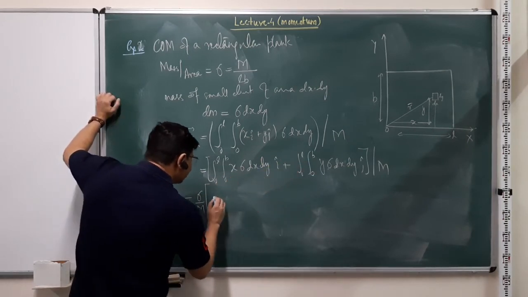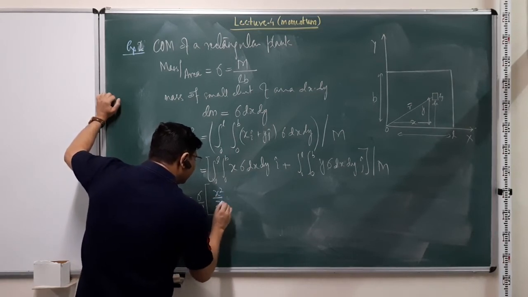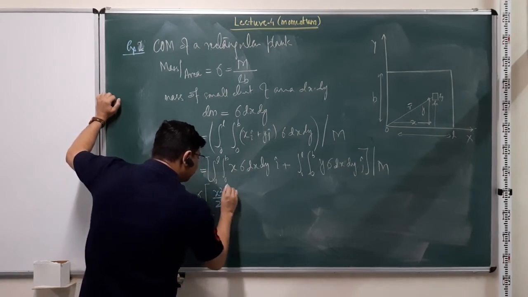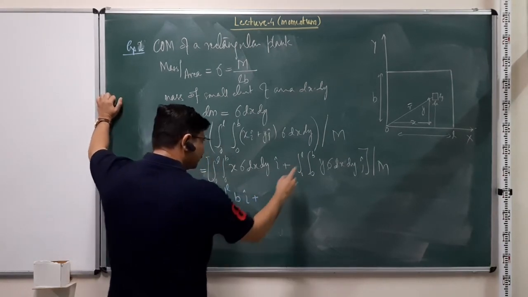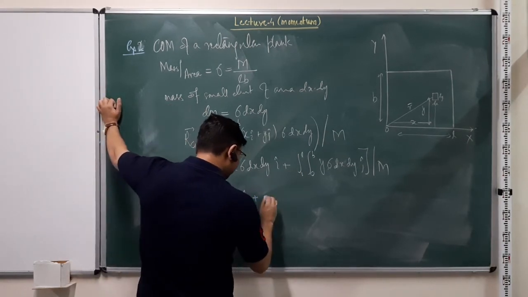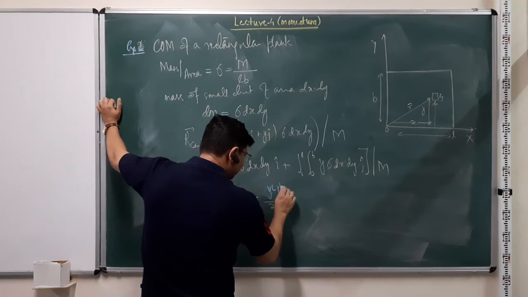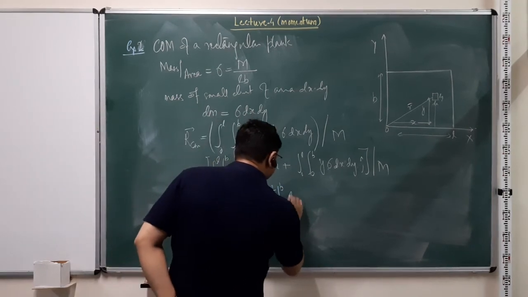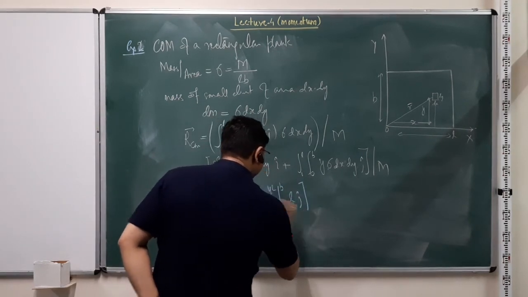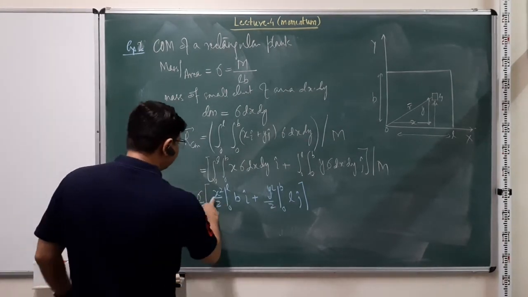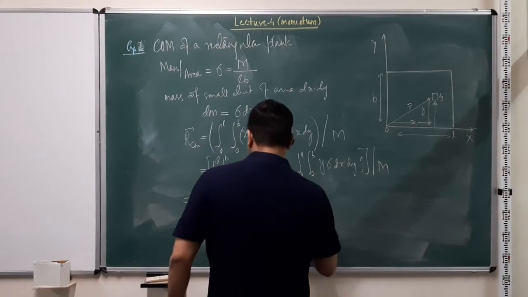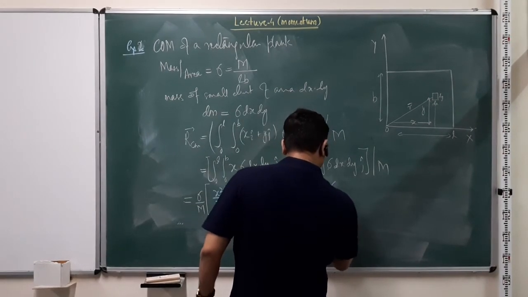So this will give us x square by 2, 0 to L, into B, i cap, plus y square by 2, 0 to B, L j, and of course that will be divided by m. So now we'll put the limits.